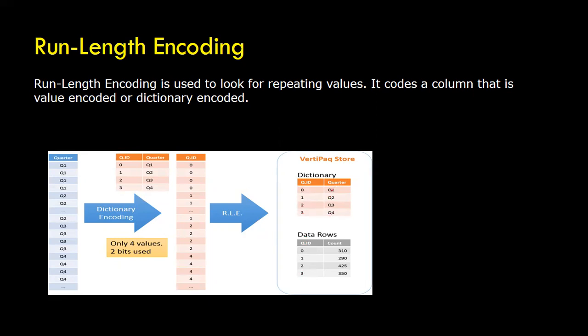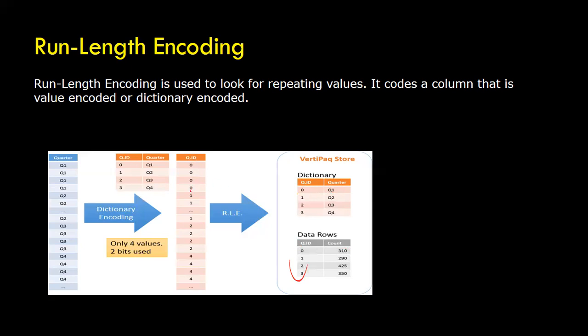In the case of Q1, how many occurrences are there? Q2, how many occurrences? Q3, and Q4? And then finally, it uses only this index value to replace your original value. Q1 is 0 here, and 0 has 310 occurrences.